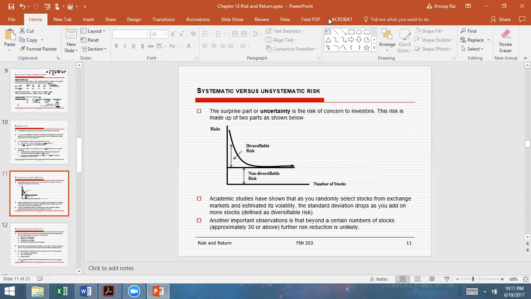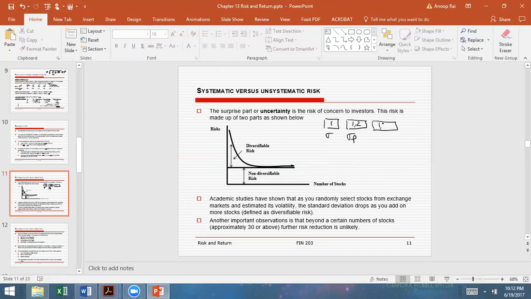The surprise part, the uncertainty, is the risk, and this is made up of two components. If I took randomly a bunch of stocks, say there are about 3,000 stocks in the New York Stock Exchange, I take 30 stocks and measure the risk. First, I take one stock and measure the standard deviation. Then I have two stocks and measure the standard deviation of the portfolio.